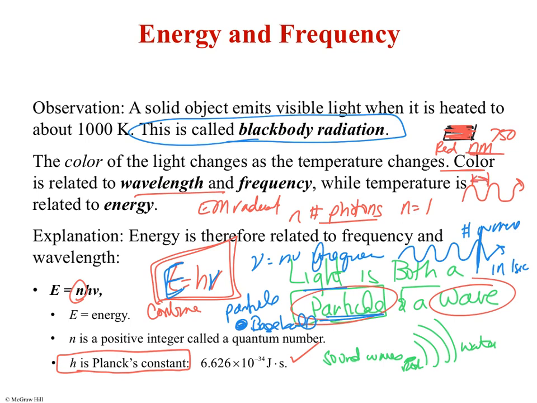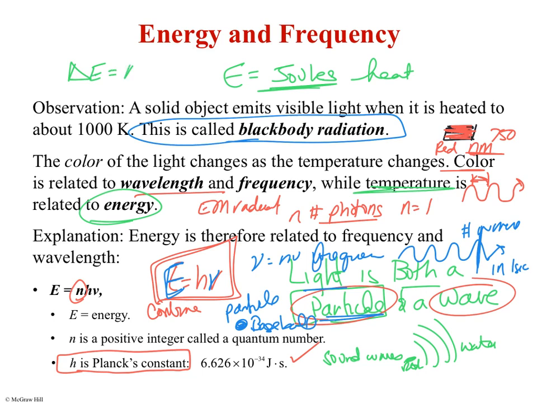But now we know that this metal has a change of temperature. And we know that temperature is related to energy, right? Because what is energy? Energy is in joules, and we know that that is heat. And we know from the last chapter that delta E equals delta H at constant pressure.